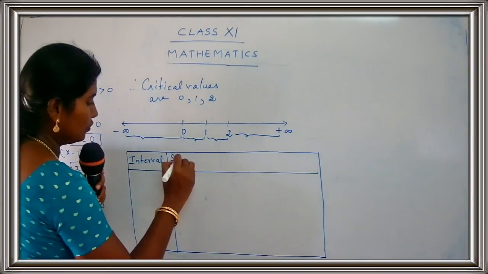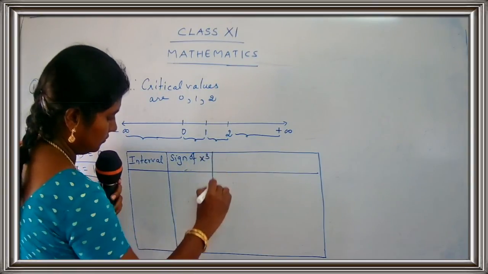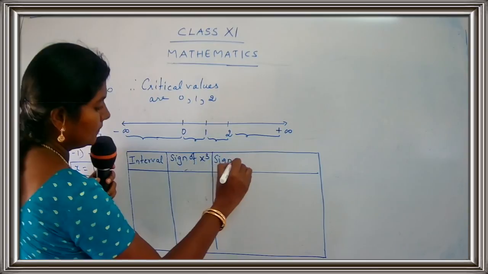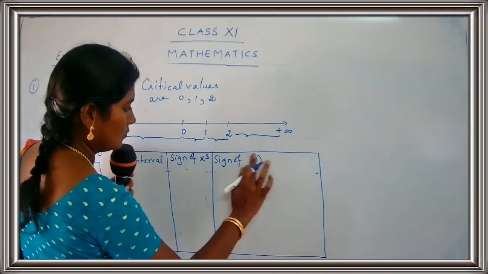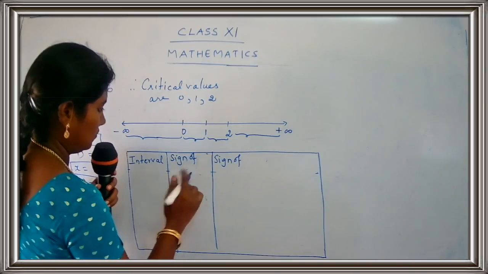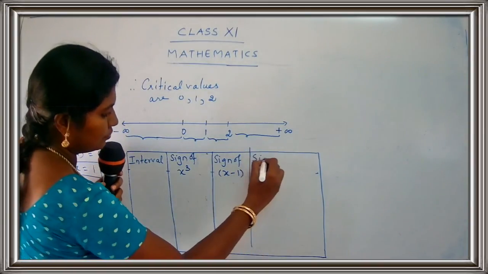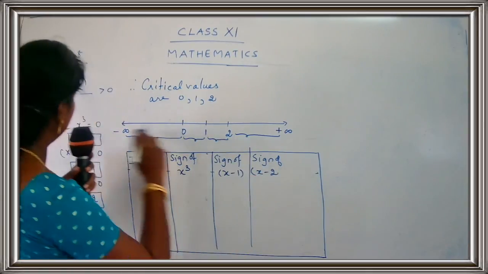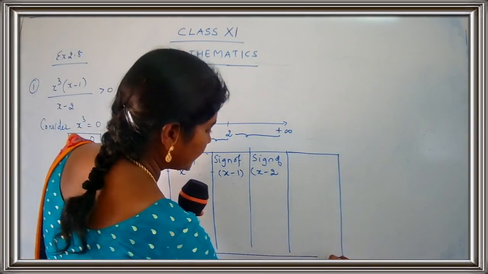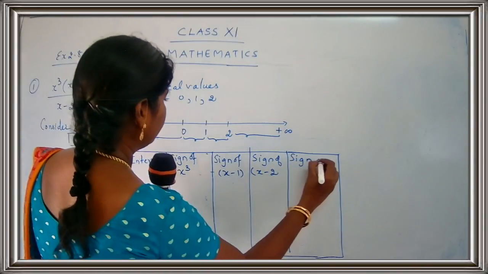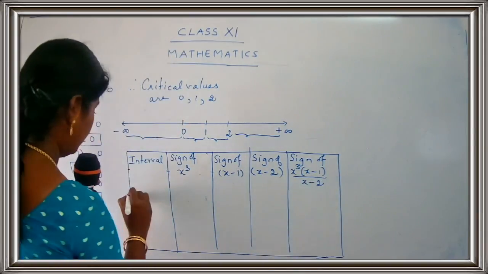So write down here sign of x cube, sign of x minus 1, then you take sign of x minus 2, and at the last you write down the whole expression, sign of x cube (x minus 1) upon (x minus 2). So this is the table.